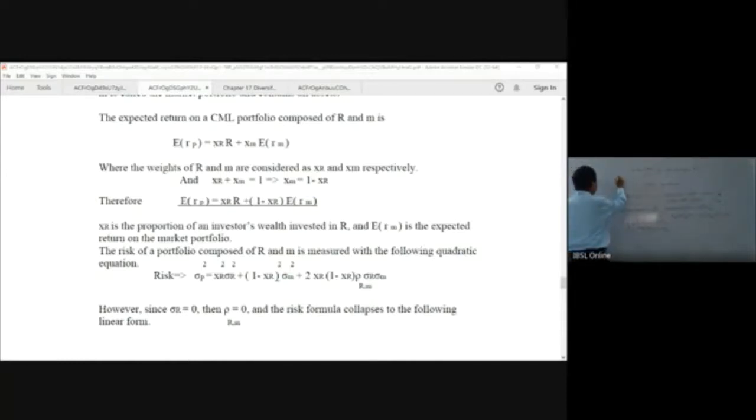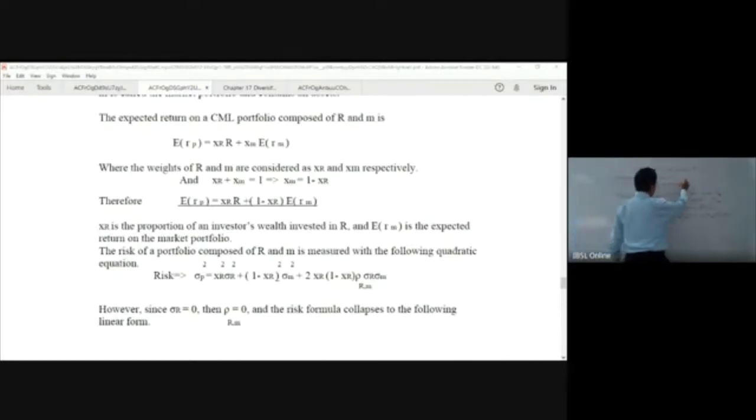Risk of R, you have to put it as sigma R. Risk of risky assets, sigma M.